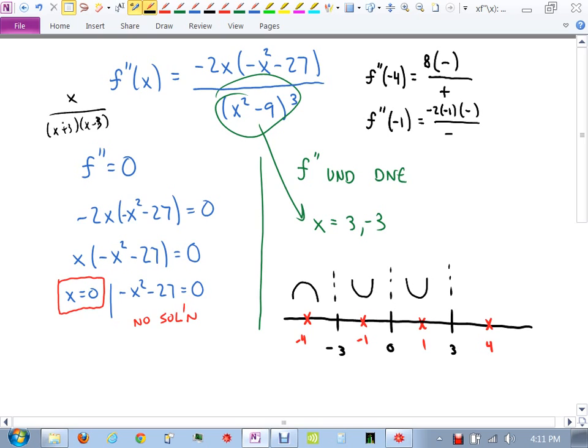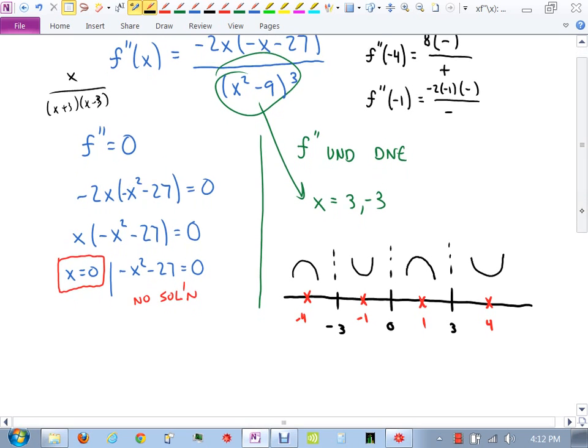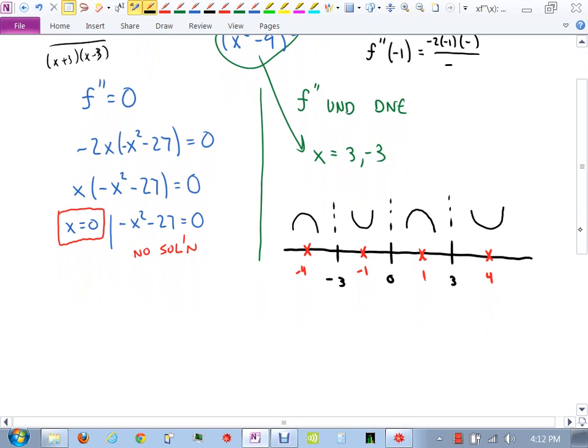If I plug in 1, I get 1. So 1 should be negative, right? This one should be negative. And then plug in 4. Positive. You need to practice plugging those in yourself, okay?